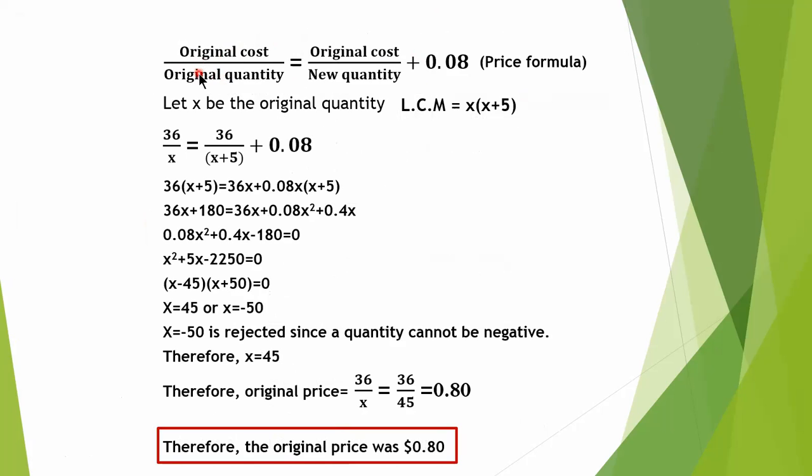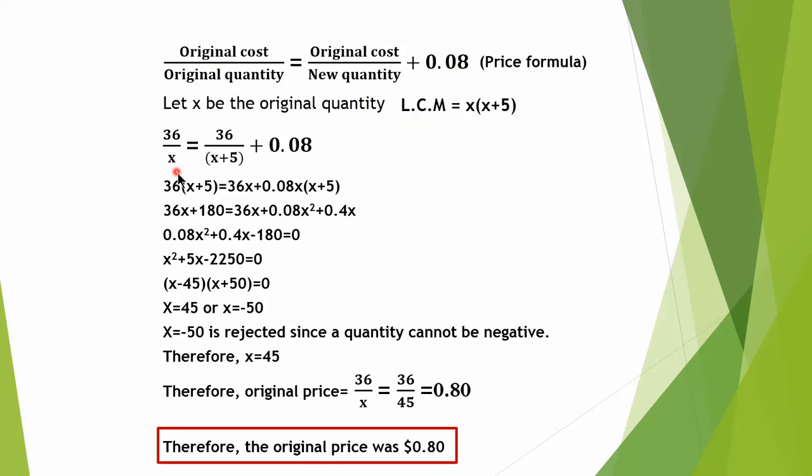So here, let x be the original quantity. So this is the original price. This is the new price plus 0.08. So same cost, 36. Original quantity is x.